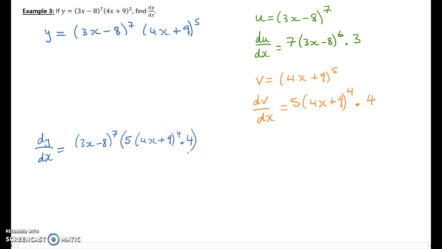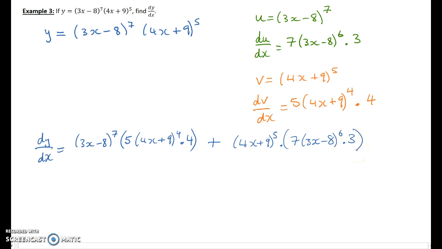Now plus the second, (4x plus 9) to the power of 5, by the derivative of the first, du/dx, by 7 times (3x minus 8) to the power of 6 by 3.